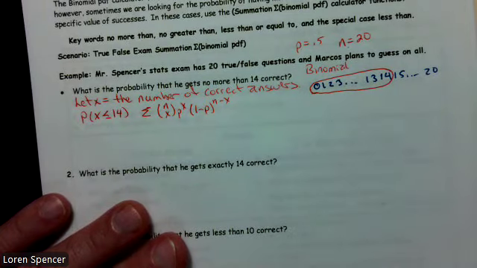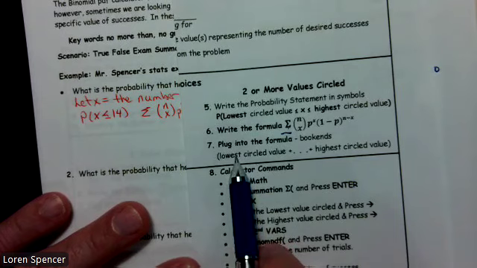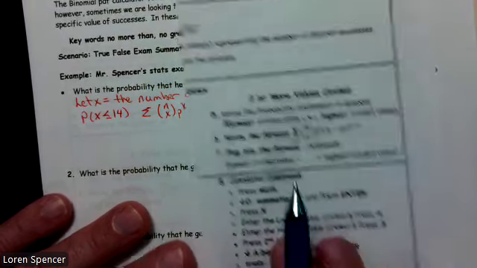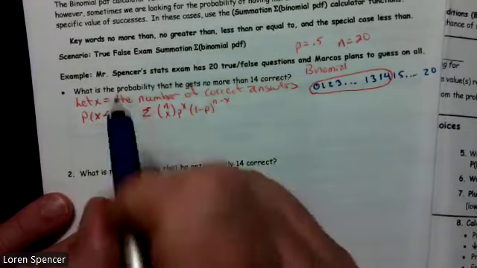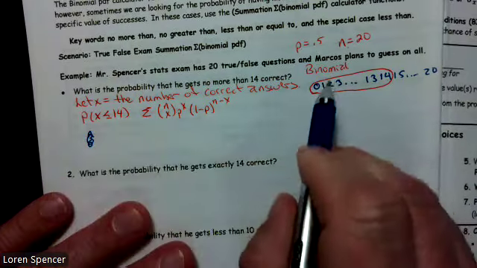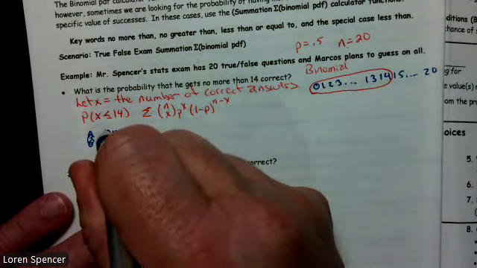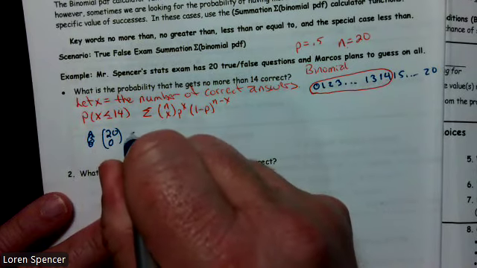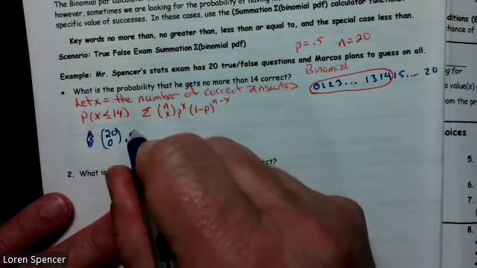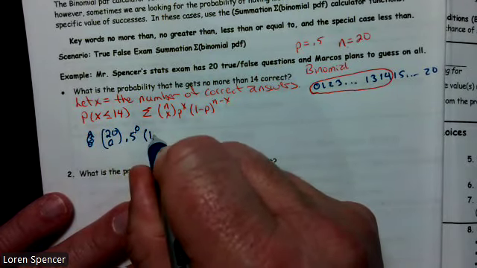Because this is multiple values, I'm going to have to do the lowest circled value and the highest circled value. And my lowest circled value is 0. So n choose 0. Oops, not n. My sample size is 20. So 20 choose 0. 50% chance of guessing. This goes here because that's my number. Then 1 minus 0.5.